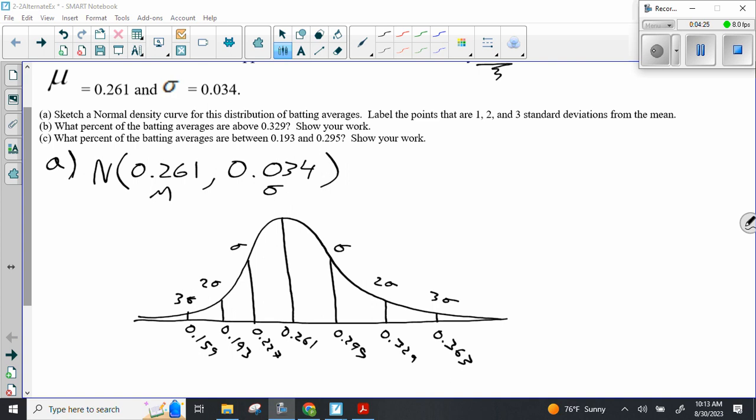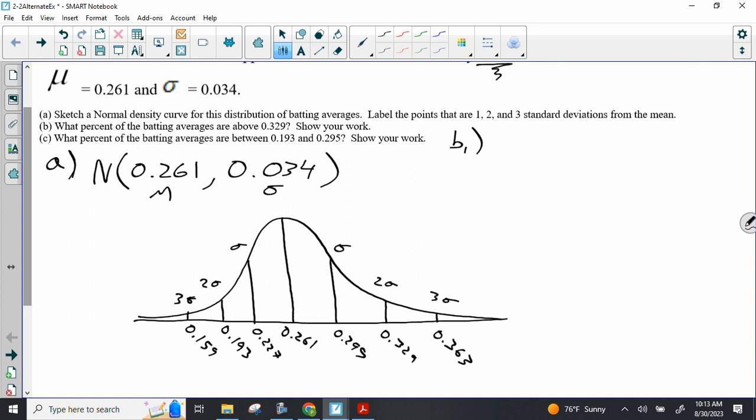Let's do a B sub 1, and let's find what percent are below. And then we'll do above as well. It's going to be kind of neat. It'll elucidate some cool stuff.